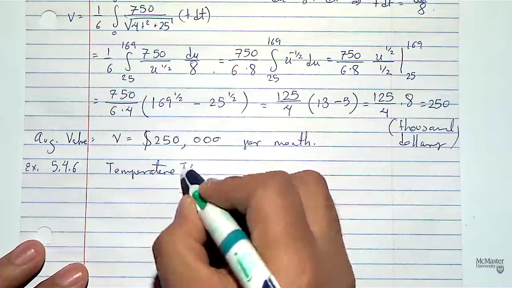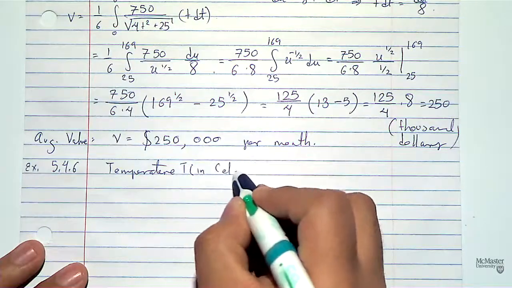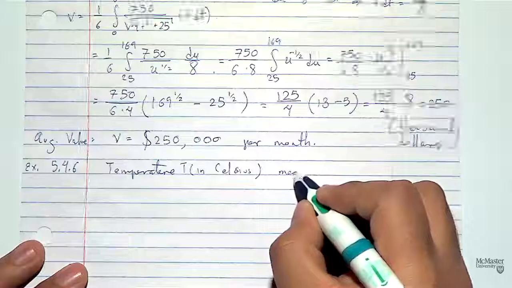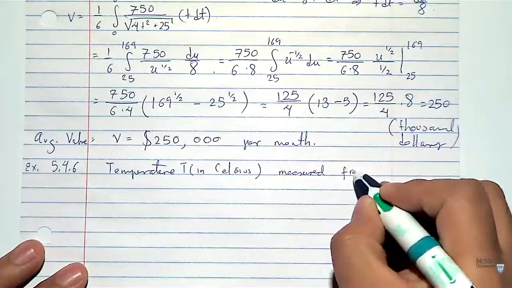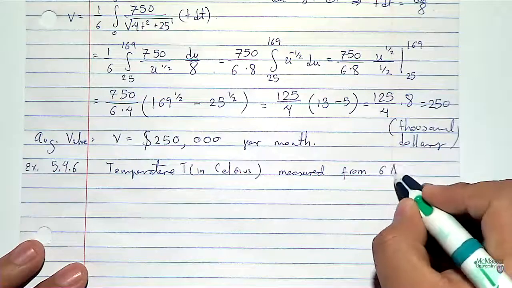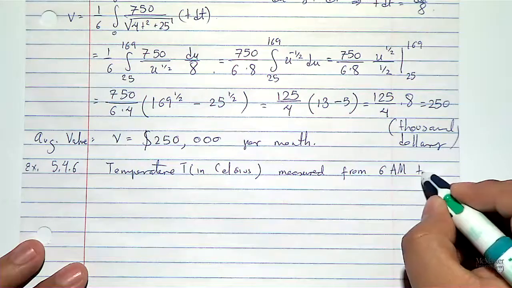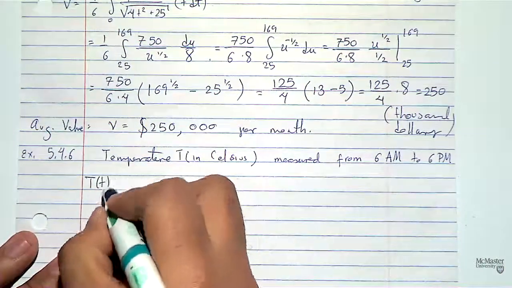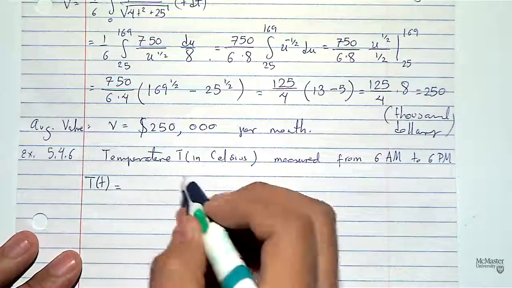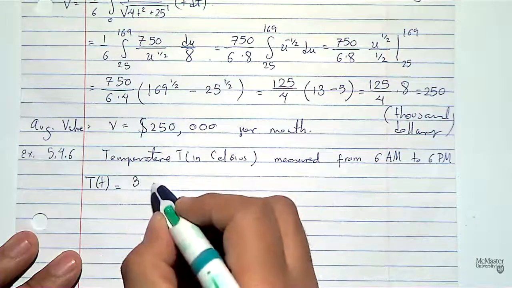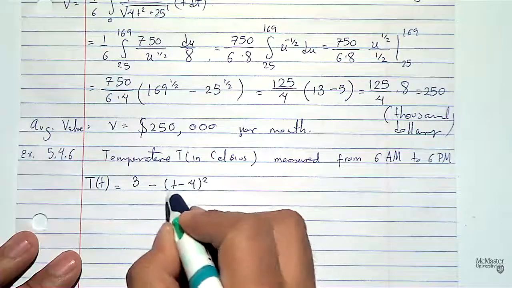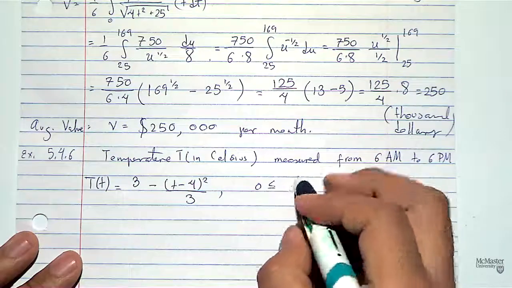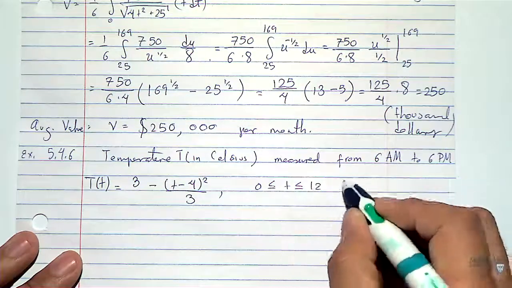in Celsius. We're going to call it T. The units are Celsius, with an S, measured from an initial time, which is 6 a.m., so 6 in the morning, to 6 p.m. The function given to us is of the form, the temperature as a function of time is 3 minus (t minus 4) squared divided by 3, where the time goes from 0 to 12 if we measure in hours, right?